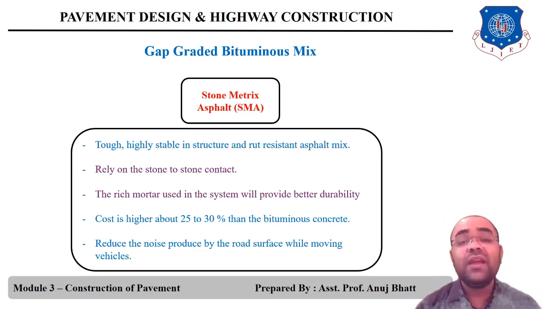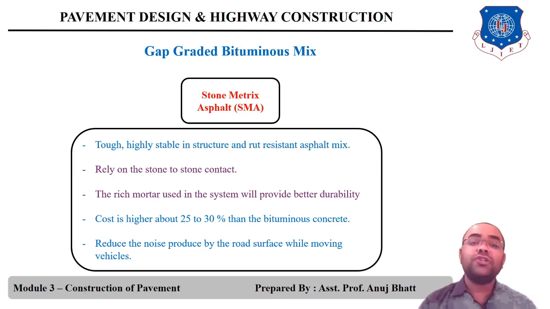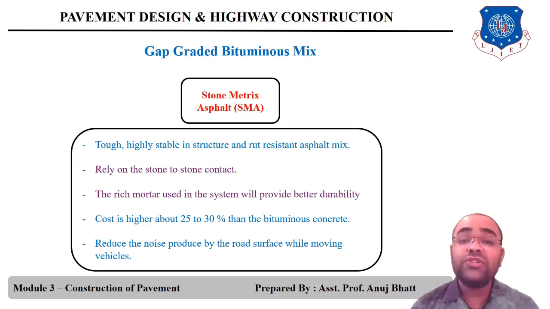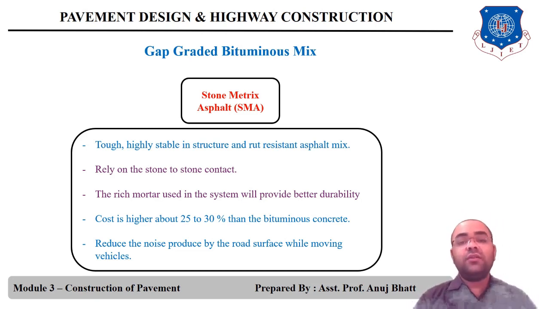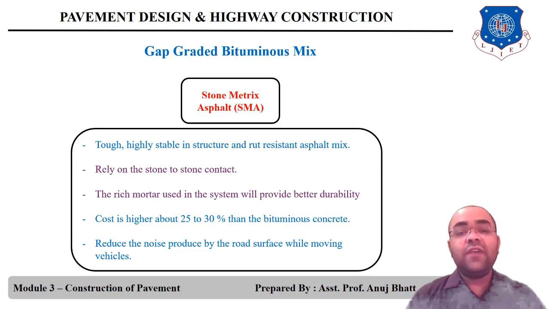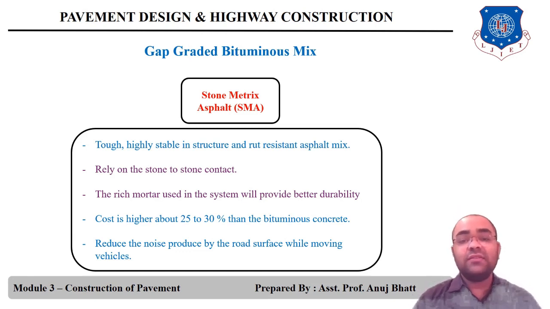With increasing traffic and the high pressure tires of the vehicles, large stresses are given to the road pavement, and the roads are subjected to overloading conditions in certain cases.